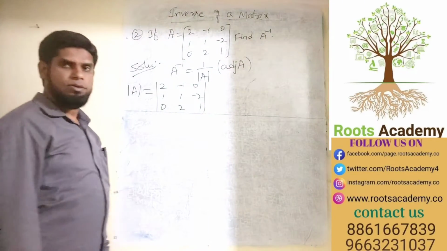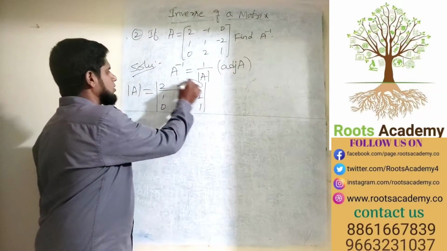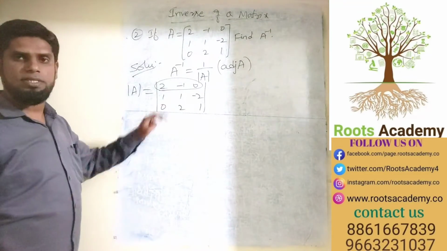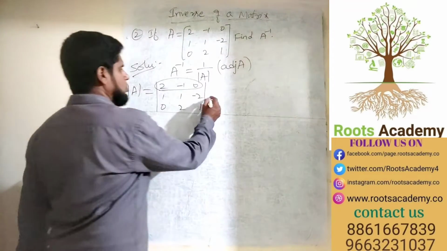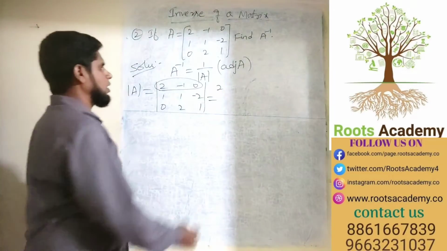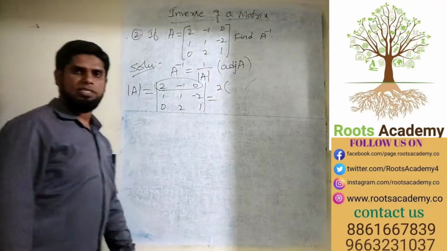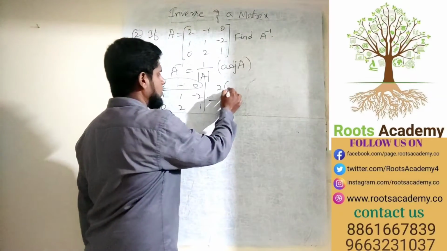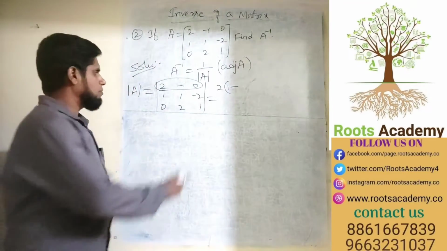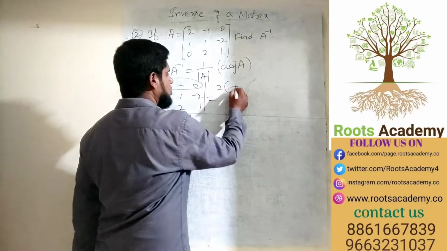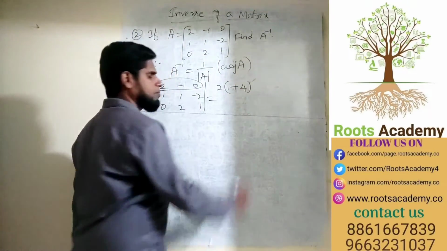Student, I will take the help of the first row to find the determinant of this matrix. So that says plus 2 into, eliminate the first row and first column, then what do I get? 1 into 1 is 1, minus 2 into 2, it's minus 4, so minus into minus is plus 4.